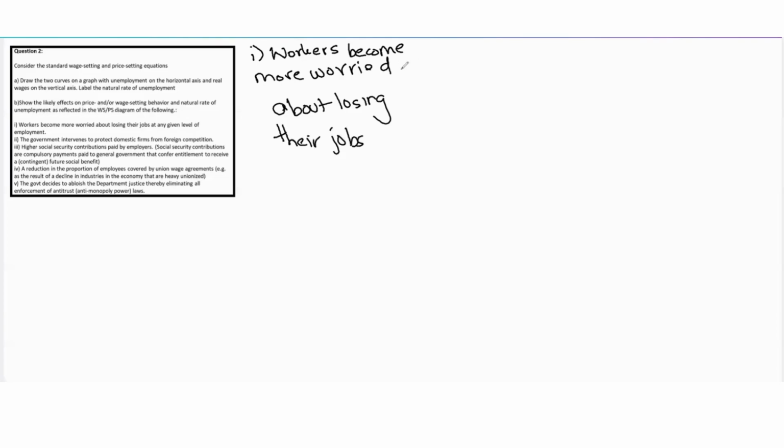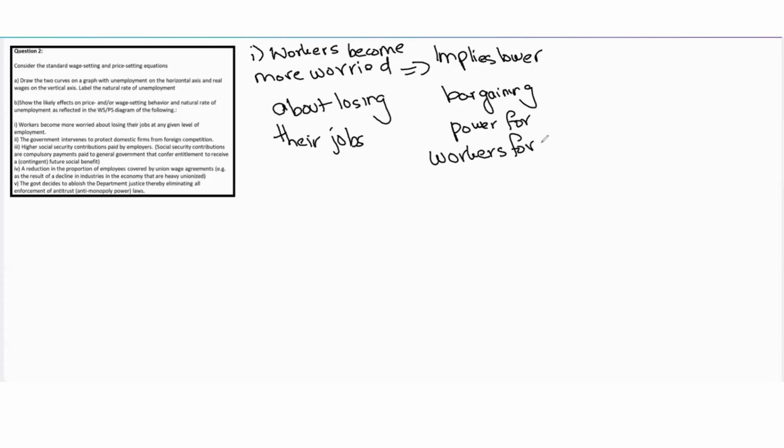So now this implies lower bargaining power for workers for any given level of U. So for any given unemployment rate, now they'll have lower bargaining power.